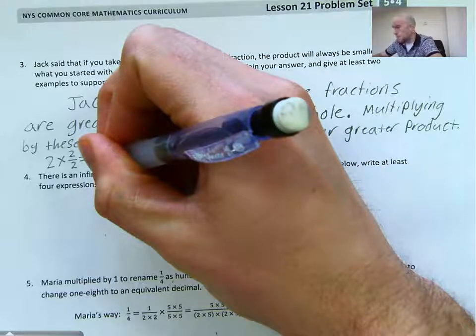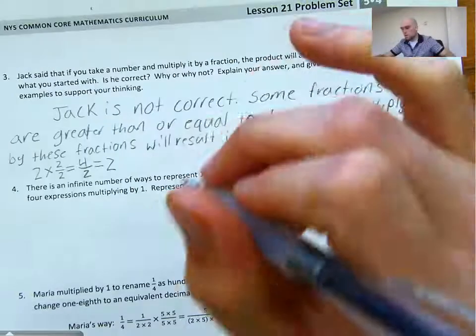Because I'm going to multiply by my numerator, 2 is 2 over 1, and 4 halves really still equals 2. So that would result in the same number.